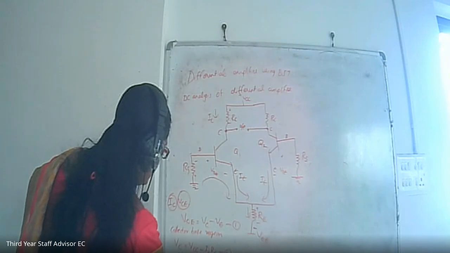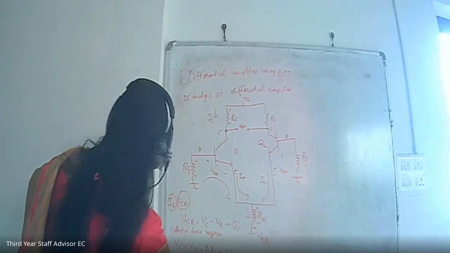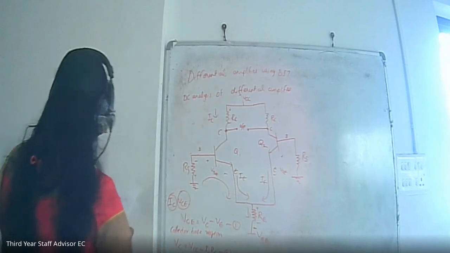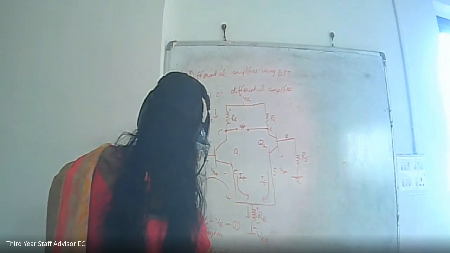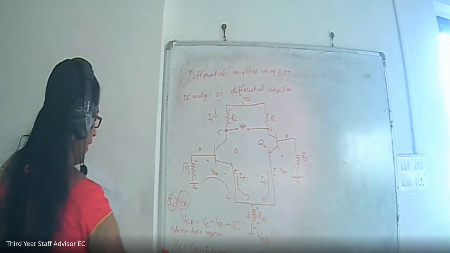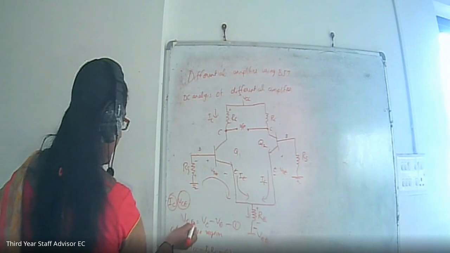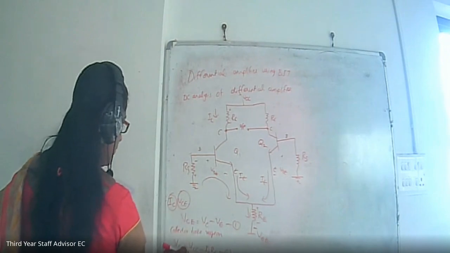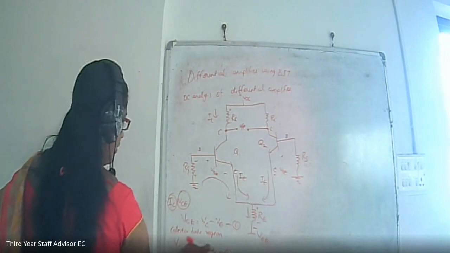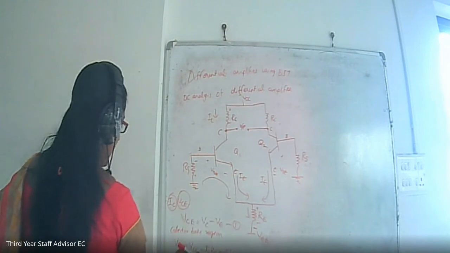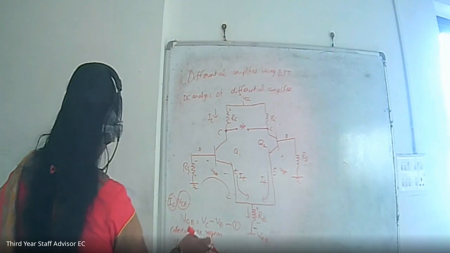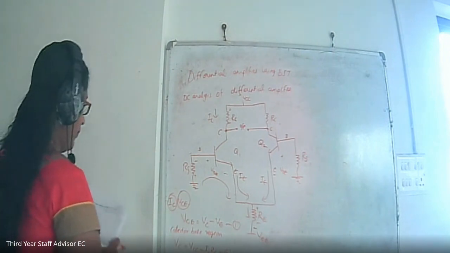VC is VCC minus IC into RC. So we are substituting the second equation in the first equation, giving VCC minus IC into RC minus VE.